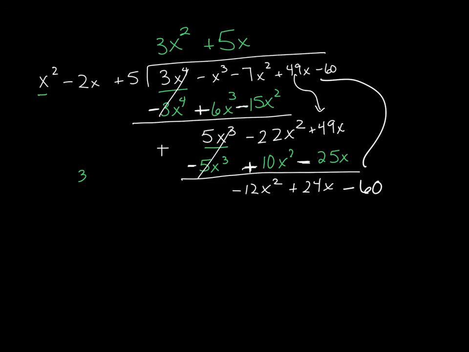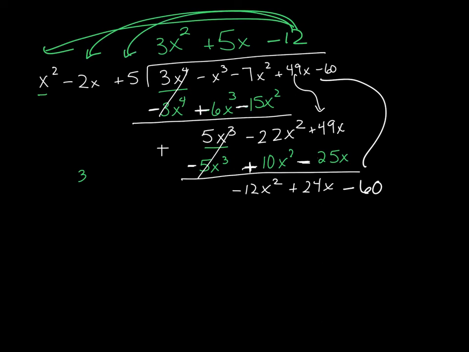So last step, I ask myself, x squared times what will equal a negative 12x squared? And that answer is negative 12. I take that negative 12 and I multiply it times x squared, 2x, and that positive 5.